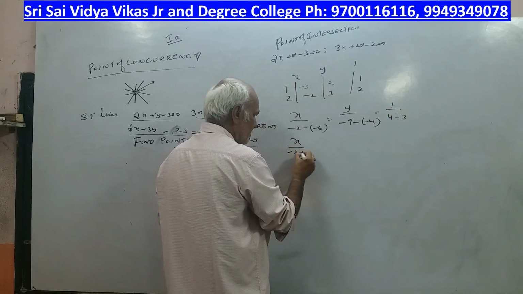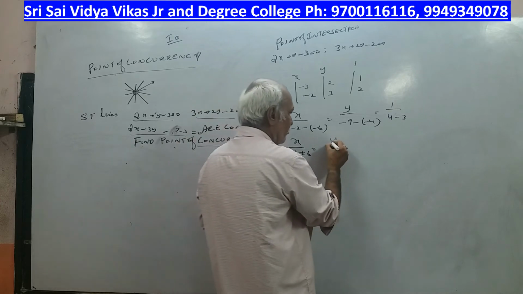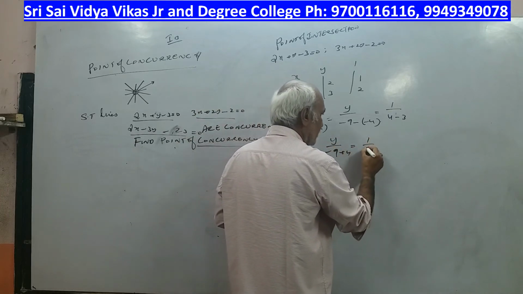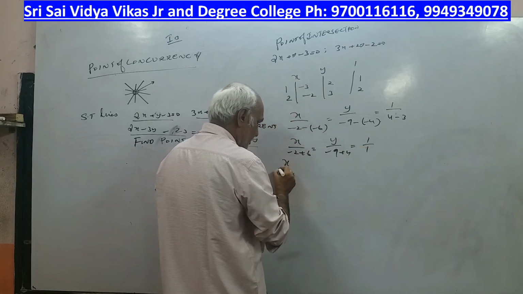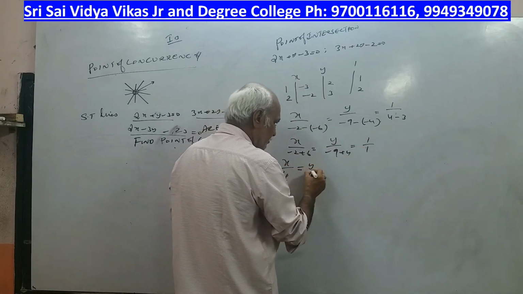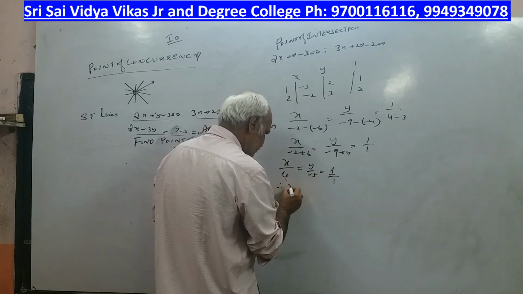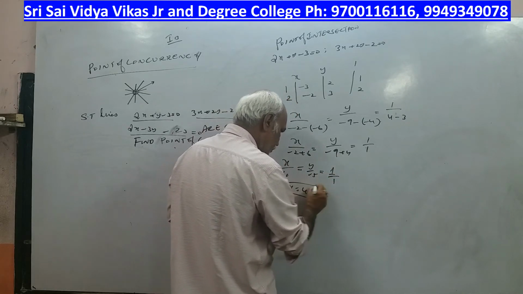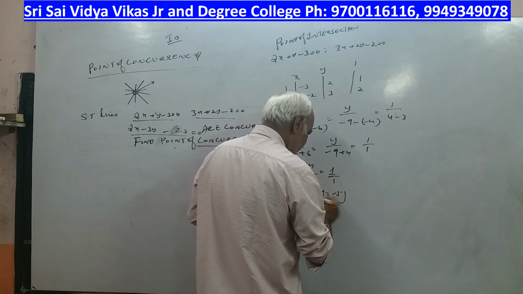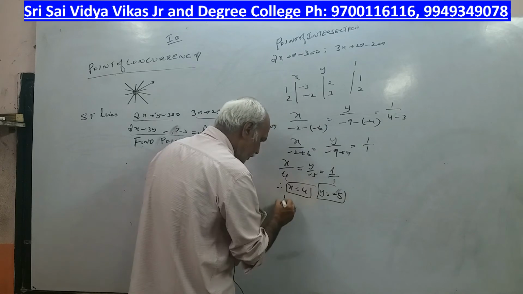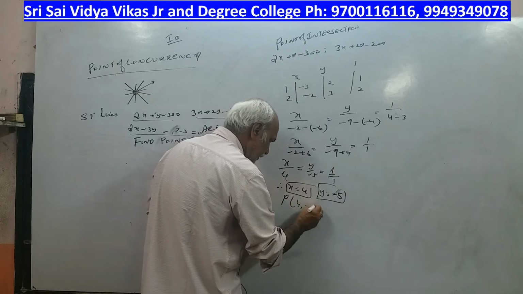X by plus 6, y by plus 4 is equal to 1 by 1. Therefore, x by 4 is equal to y by minus 5 is equal to 1 by 1. Therefore, x is equal to 4, y is equal to minus 5. So, what is the point we got? 4 comma minus 5. Okay.